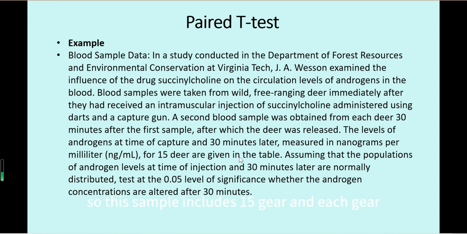This sample includes 15 deer, and for each deer we get two data: one is the blood level at the injection, and the other is the level 30 minutes after it, right?